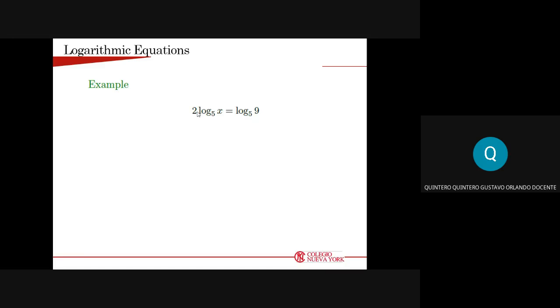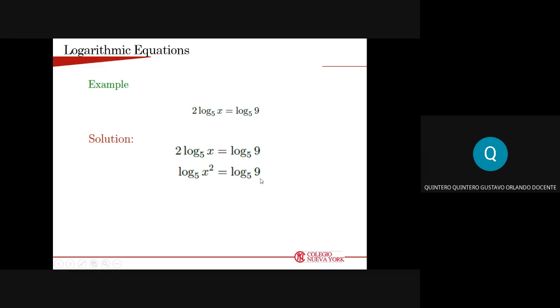But this is the process we are going to do. Solution. First, we're going to write the equation again. And from here, we're going to notice that, again, since the 2 is multiplying a logarithm, I can apply one of the properties. The property where I move the factor of the logarithm, the multiplication, and move it as an exponent.